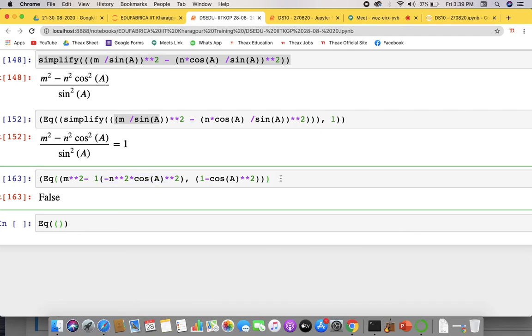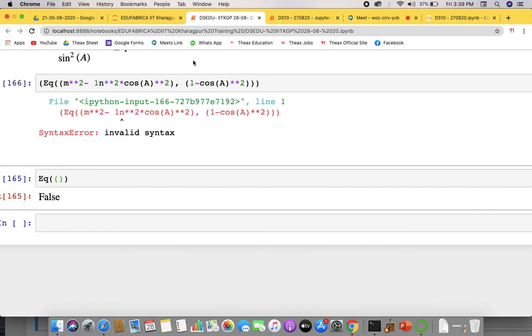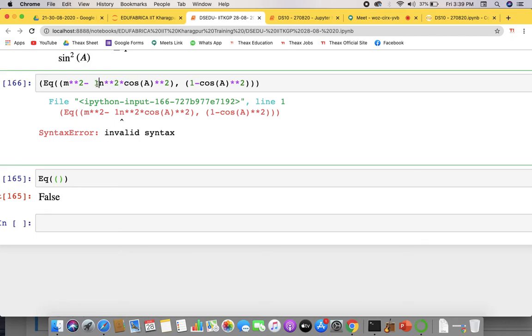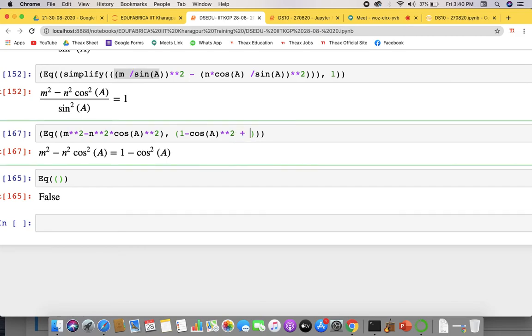I think we are doing errors. Where we are doing the error? Anyone can find it there? This one is to be taken here, and it should go n square cos square a, like minus cos square a plus n square cos square a. Is this so?